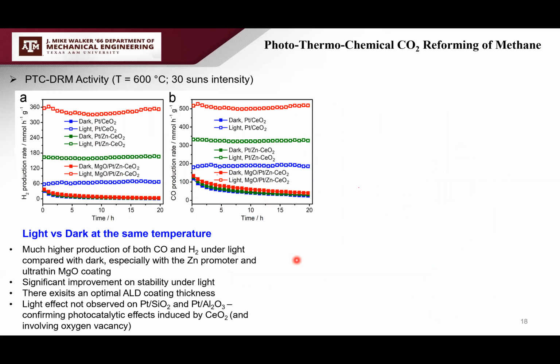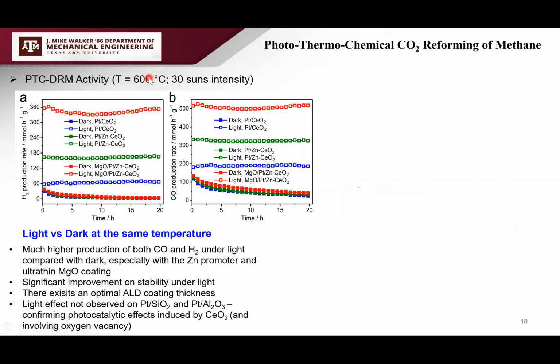Okay, here's some activity data for the production of hydrogen and CO from this photothermal dry reforming. You can see these solid markers are the dark condition, which means only the tube furnace is providing the heat. The open markers are light, so under concentrated solar.